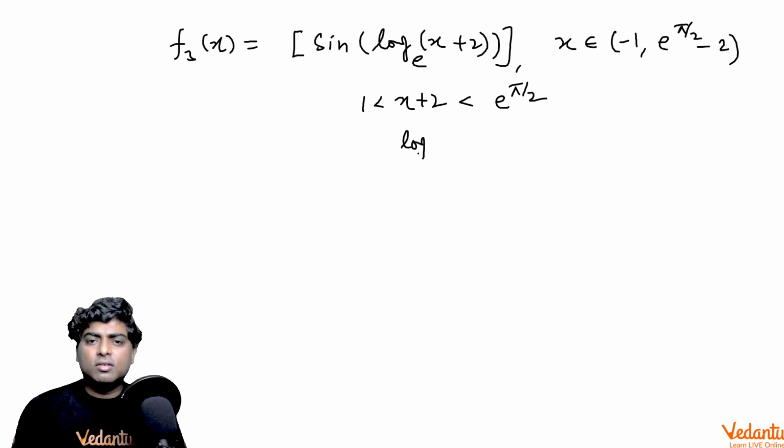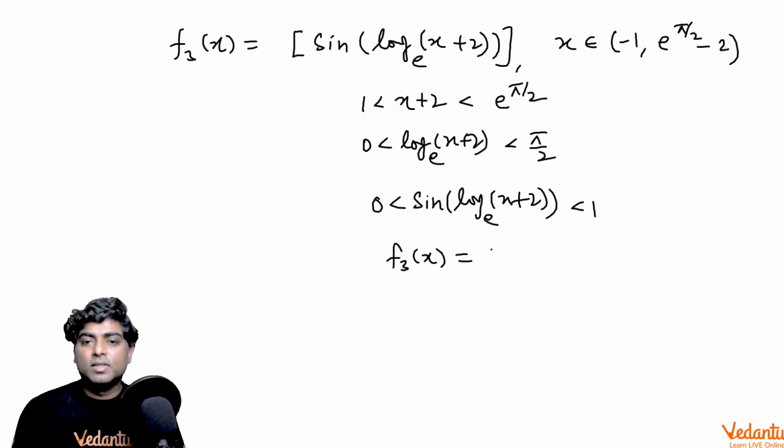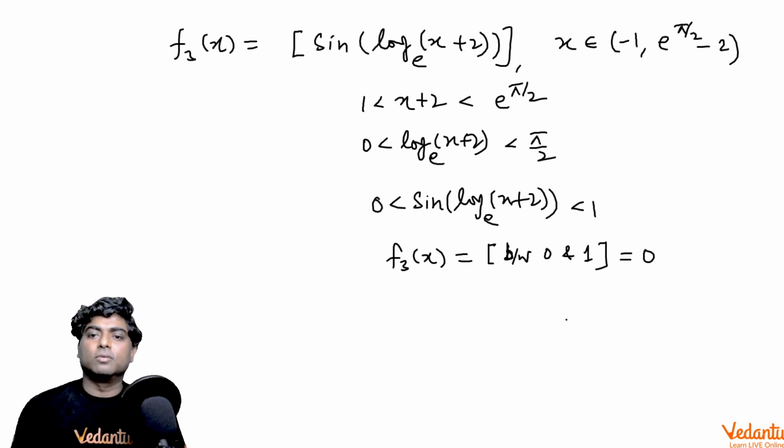So log of x plus 2 to the base e would lie between log 1 which is 0 and pi by 2, and obviously sine of log of x plus 2 to the base e would be between 0 and 1. So greatest integer of it, f3(x) is nothing but 0. Greatest integer of some number between 0 and 1, so it is 0.